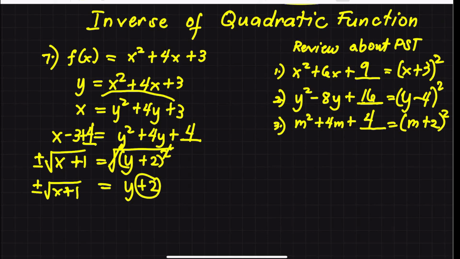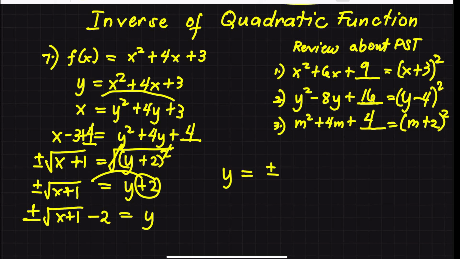So, yung 2 dito, ilipat natin doon, magiging plus or minus square root of x plus 1, minus 2 equals y. So, using commutative property, y is equal to plus or minus square root of x plus 1, minus 2.